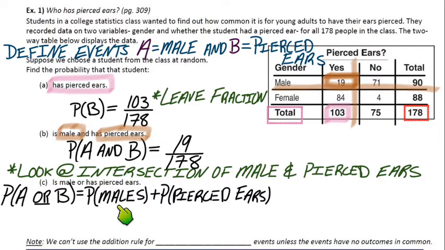The probability that you select a male in general, there's 90 males out of a total of 178. So that'd be 90 out of 178 just for the males. And then the probability you select someone with pierced ears would be 103 out of 178.